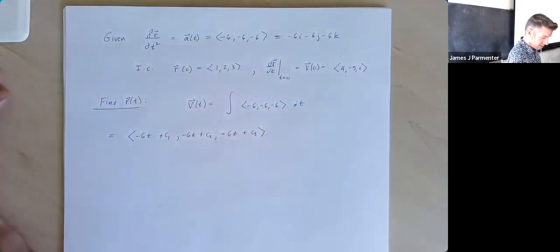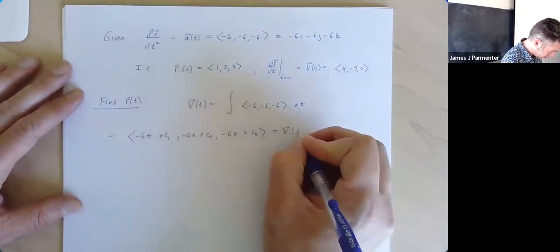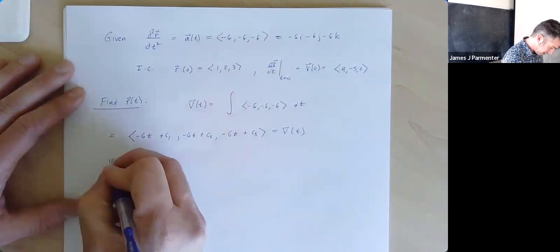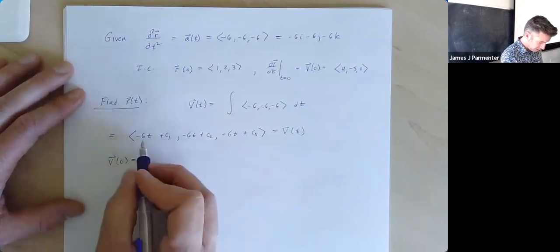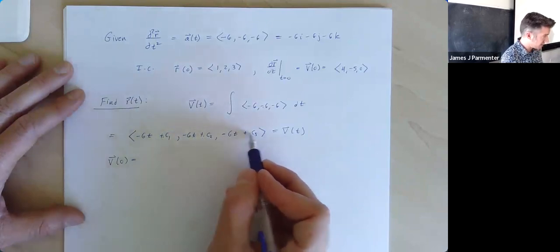And if we're lucky, and we are lucky here, we're already given the initial velocity at time equals 0. So we can say, great, this is equal to v of t, but I also know that v of 0, if I plug in 0 here, I get 0 plus c1, 0 plus c2, 0 plus c3.